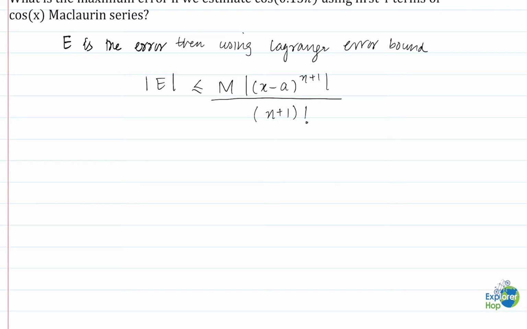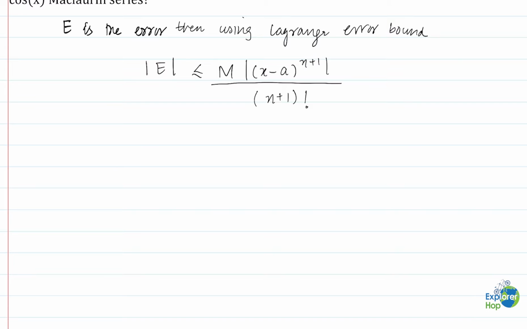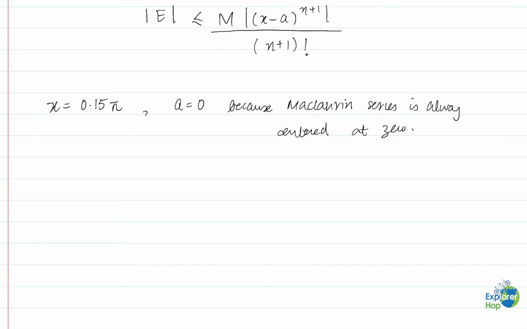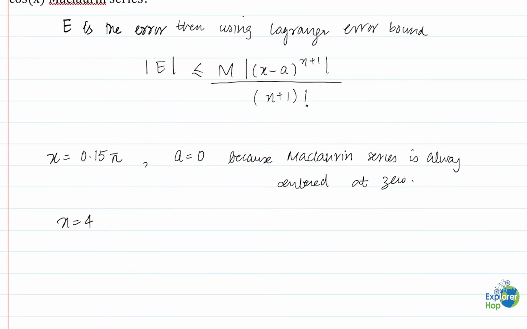And n is the maximum number of terms that we are using from the series to estimate the value that we want. So as I said, x would be 0.15 pi, a would be equal to 0 because the Maclaurin series is always centered at 0, and we know that n is equal to 4 since we are using the first four terms of the Maclaurin series.